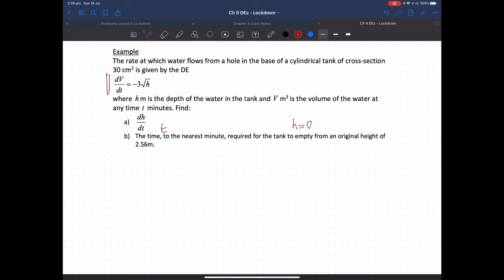But we are told the original height is 2.56. So we know h is equal to 2.56, because that was where we were starting from, that means time is equal to 0. So we have a point of information: h equals 2.56, t equals 0. So let's go back and solve that question.